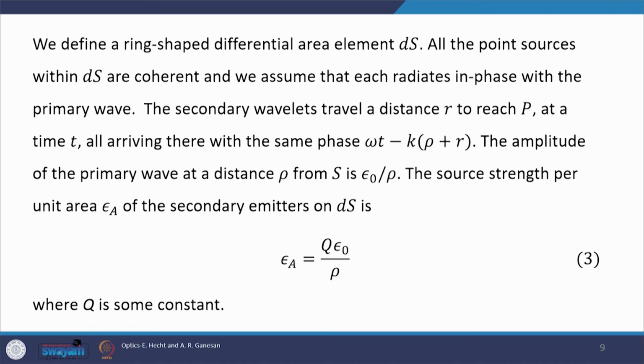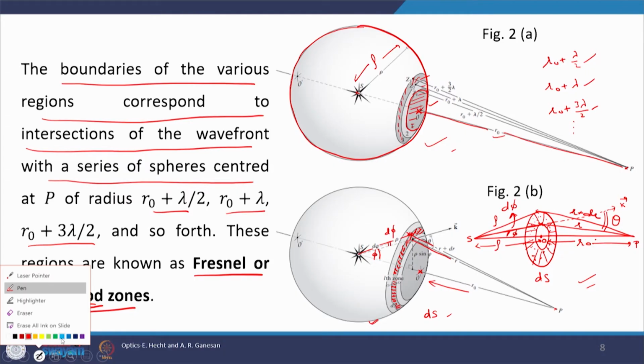The secondary wavelets mean the emission coming from the point sources sitting on this area element. The secondary wavelets travel a distance r to reach P, which is very clear from this figure. Let me pick a different color.